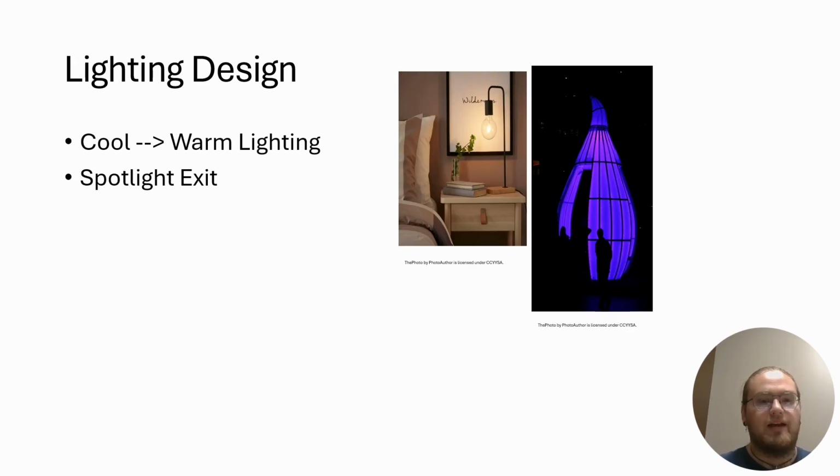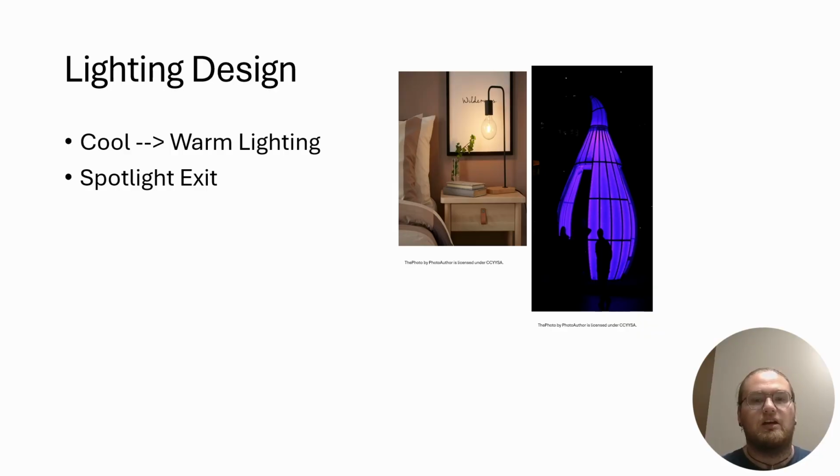Moving on to the lighting design. Lighting design does play a huge role in supporting the mood of a scene. At the beginning, I would use cool, dim lighting to convey Cinderella's situation and the seriousness of her environment. But as the scene progresses and she decides to go to the dance, the light would gradually shift to a warmer tone.